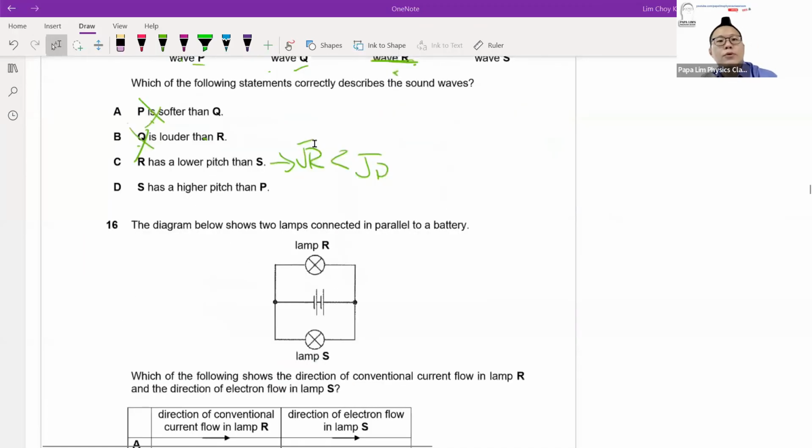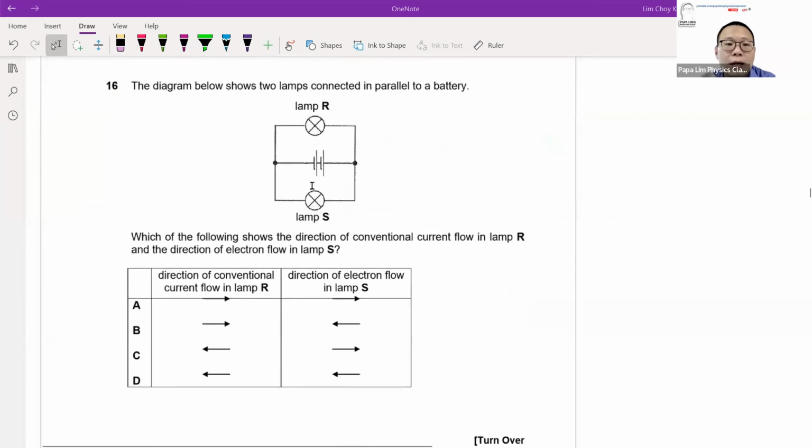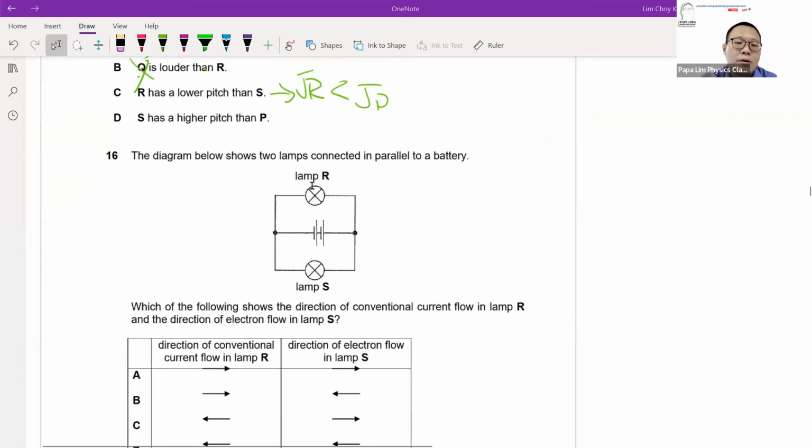Now, question 16 is a circuit question, whereby there is a light bulb up and down, two light bulbs, one up and one down, followed by a battery, the cells in the middle. The question is asking for conventional current and the electron current.